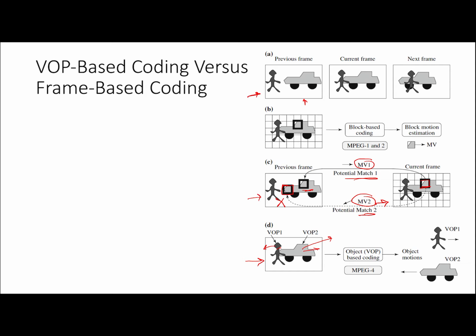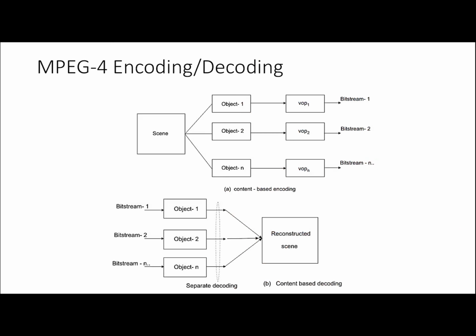Now, in this figure, each VOP is of arbitrary shape. This is my VOP 1, this is my object 1 and this is my object 2. And I will ideally obtain a unique motion vector consistent with the object's motion, because now I am not considering the block.